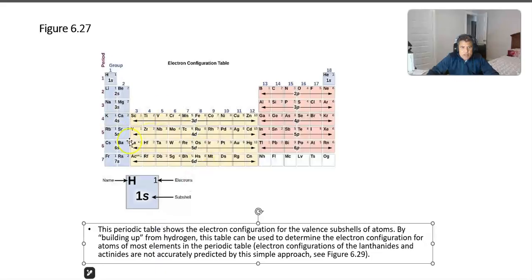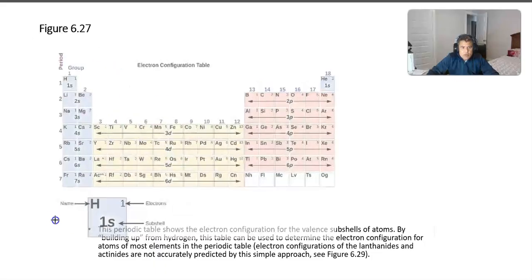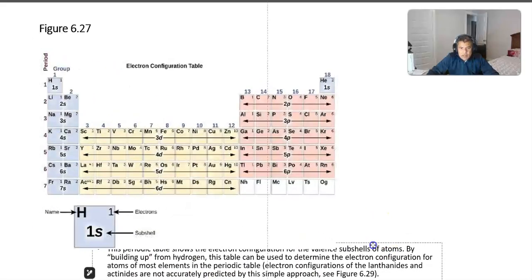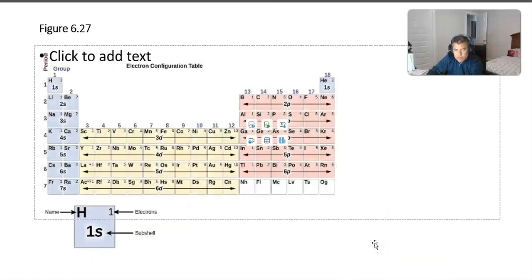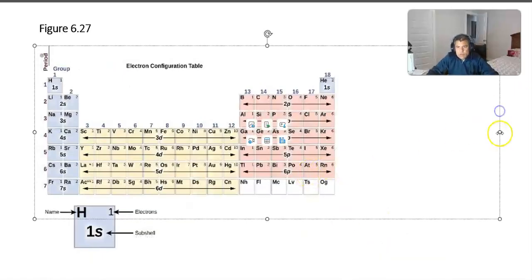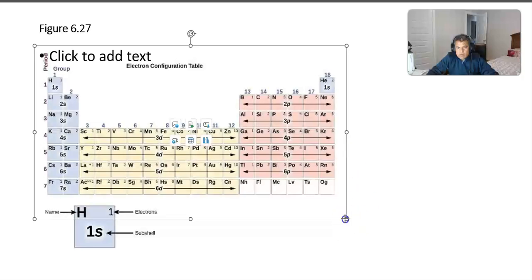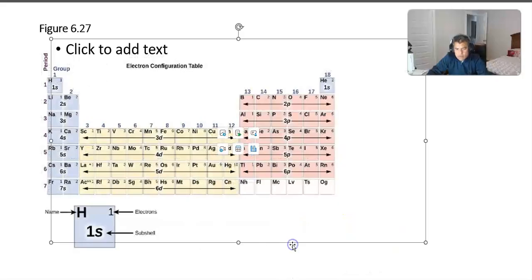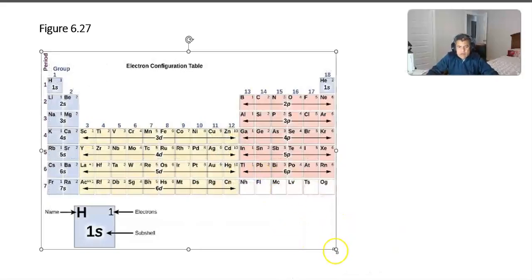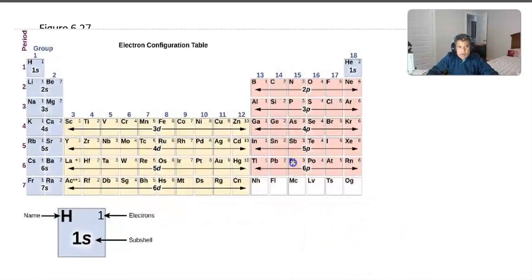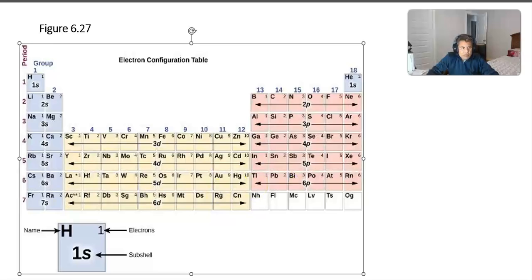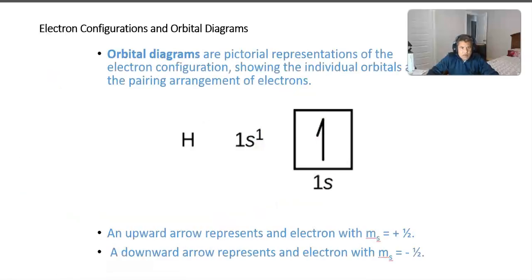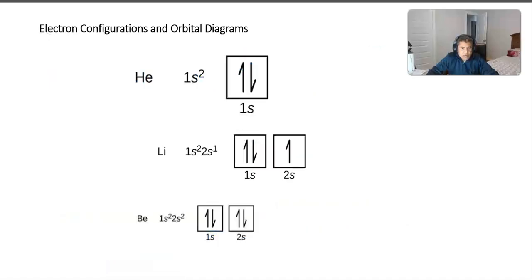Okay, so these are others. We will go to the periodic table also right now. We will go to this picture later on after electron configuration and orbital diagram.